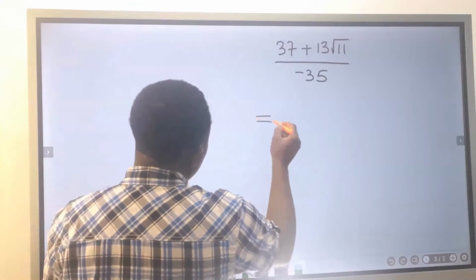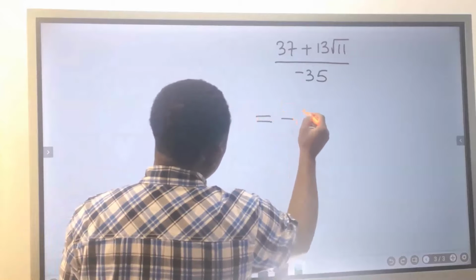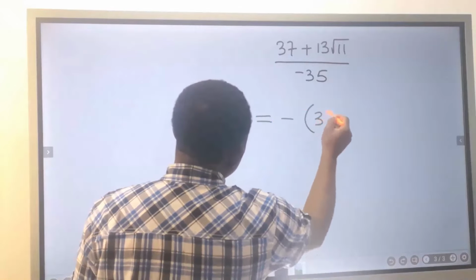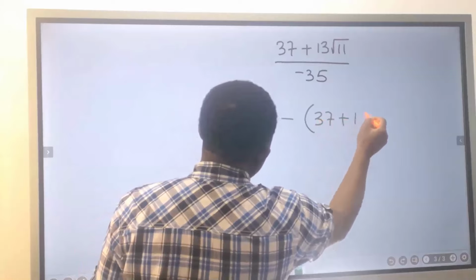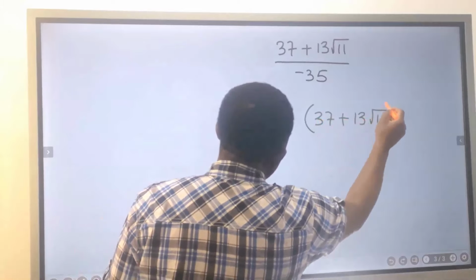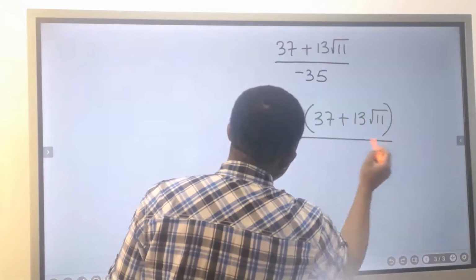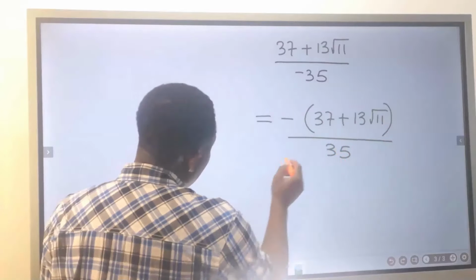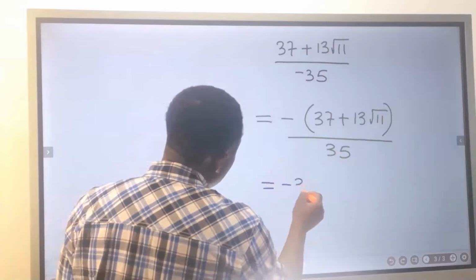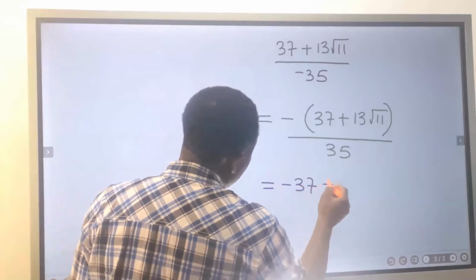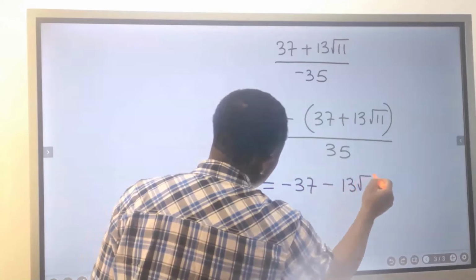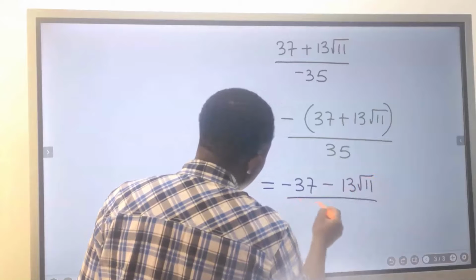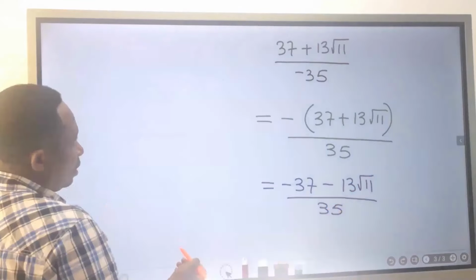And here we're going to have minus and 37 plus 13 root 11, everything divided by 35. Next, we're going to have minus 37 minus 13 root 11 divided by 35.